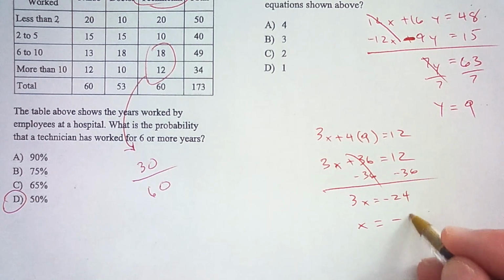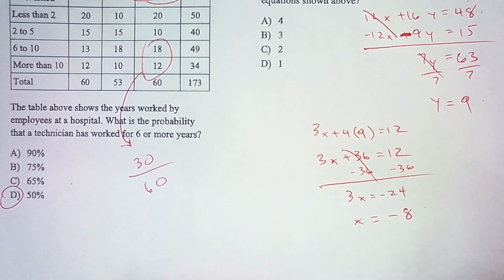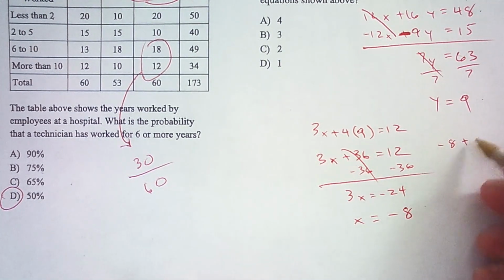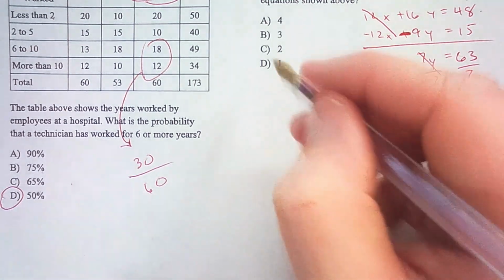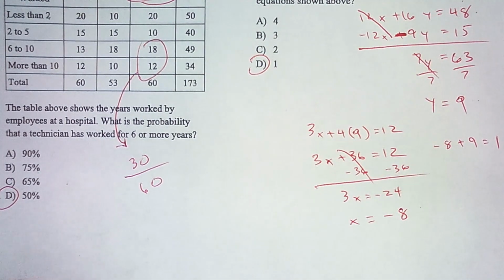Divide by 3: negative divided by positive is negative, and 24 divided by 3 is 8. So x plus y is negative 8 plus 9, which is 1, option D.